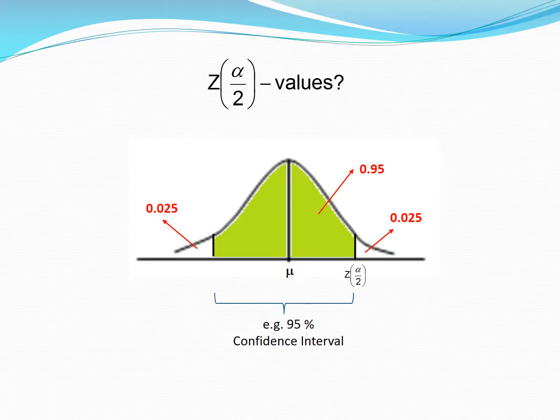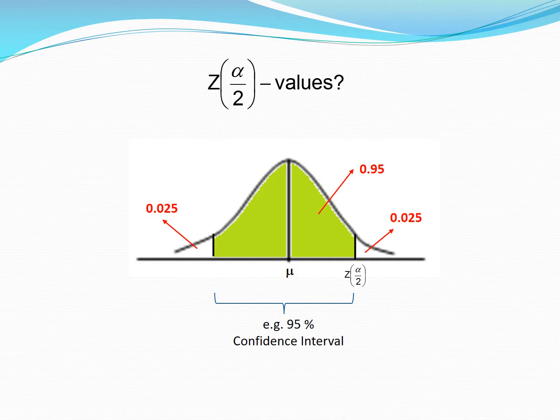Why do we determine the Z values at a half alpha? Well, if we have a 95% confidence interval, for instance, then the probability that the population mean will be included within the confidence interval will be this area under the curve, which is 95% or 0.95. So 5% of the time, the population mean will not be included in your confidence intervals.